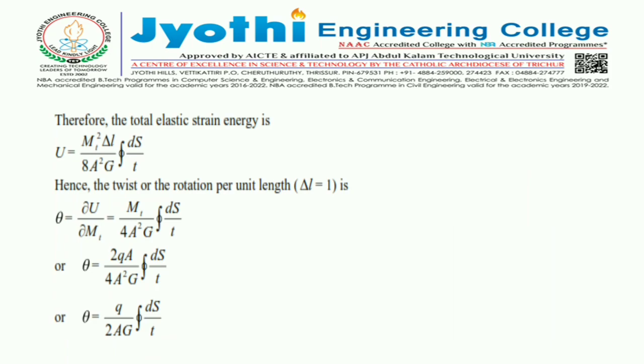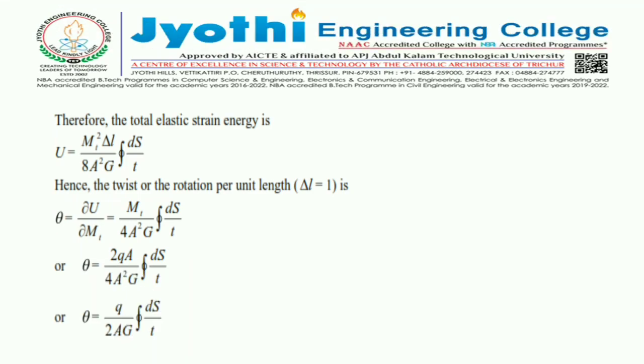Therefore, theta is equal to dou U by dou Mt, that is equal to Mt by 4A square G integral ds by t. Therefore, theta is equal to 2qA by 4A square G integral ds by t, or theta is equal to q by 2AG integral ds by t. This equation is used to find the angle of twist of thin-walled sections.